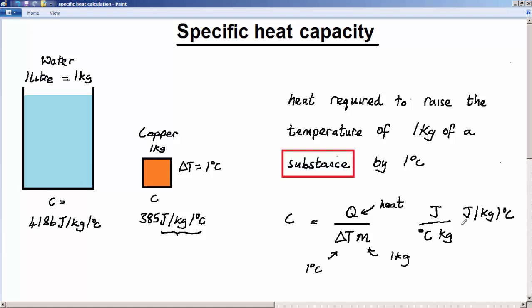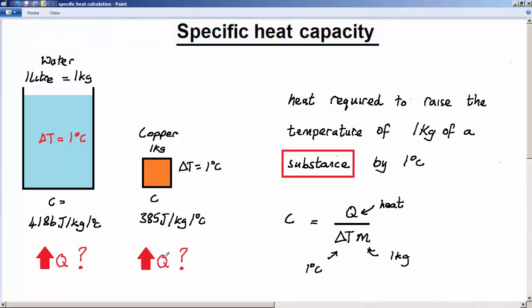So another way of writing that. So what we want to find out then is how much heat is required to raise the temperature of the water by 1 degree Celsius, and compare that with the amount of heat required to raise the temperature of the copper by 1 degree Celsius.